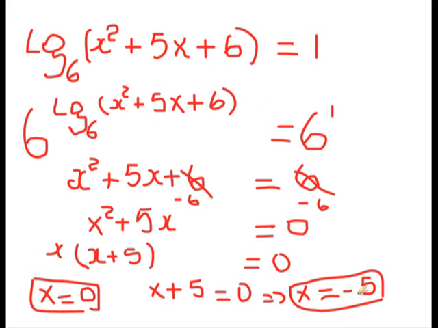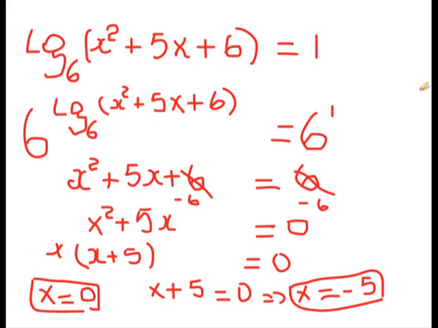But if I put minus 5 here, I'm going to have 25 minus 25, 0. So I'm still gonna have, okay, that's okay. So I got those two solutions, x equals 0, x equals minus 5. These are my two solutions.